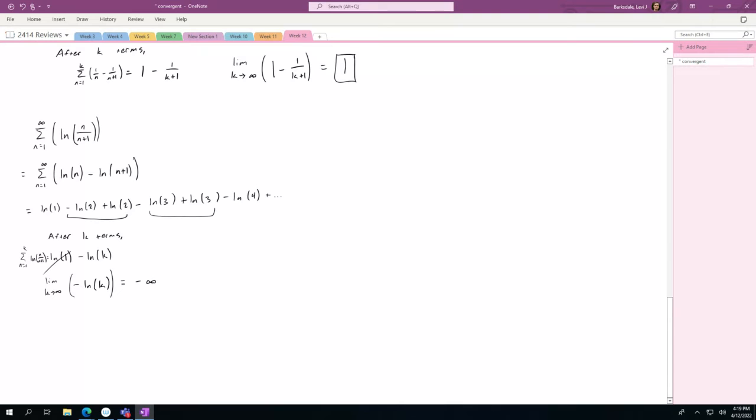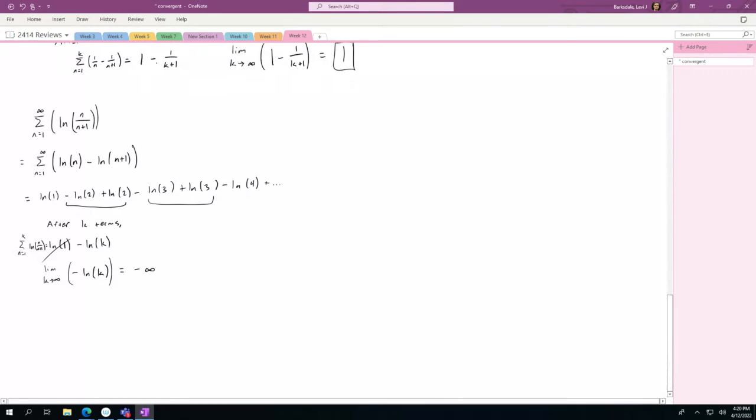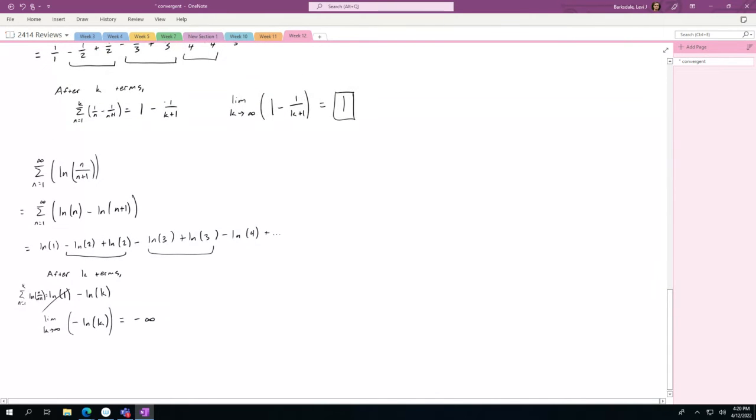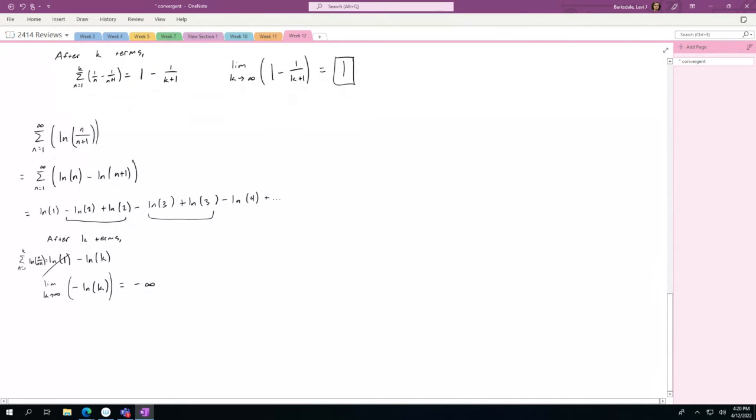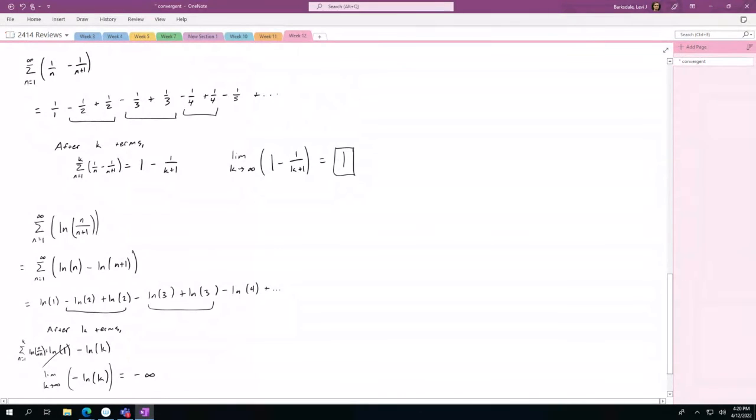So this actually goes to negative infinity. So this series would diverge, because when we did our cancellations, we found that the last term that we didn't cancel didn't go to 0 like we did in the first case. In our first example, the uncanceled term went to 0. In this example, the uncanceled term just keeps getting bigger. So that's the difference. Whenever you're working with a telescoping series, just make sure that your uncanceled terms are going to 0.